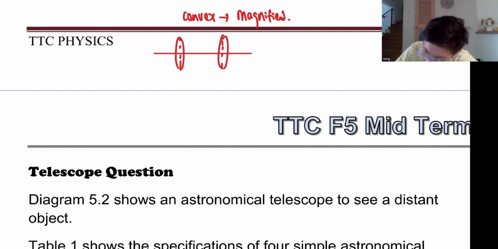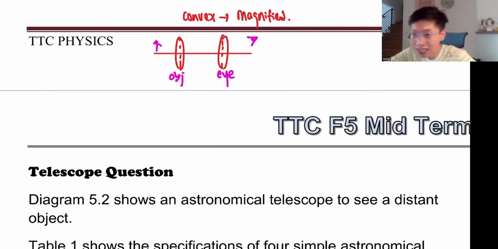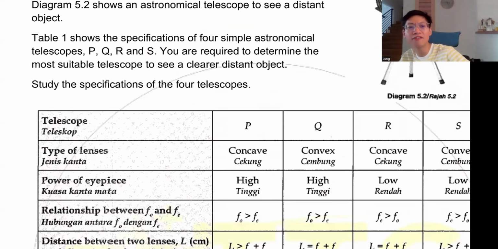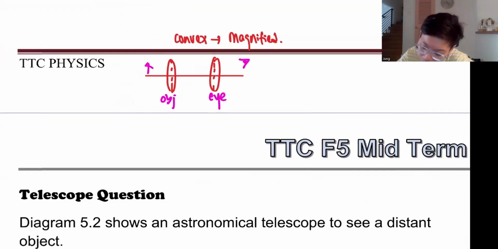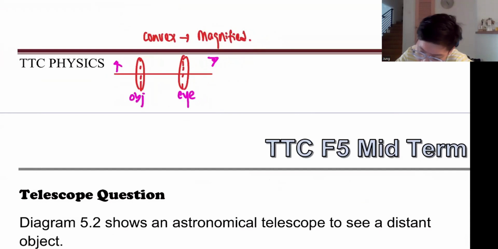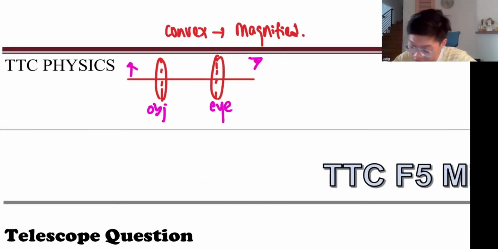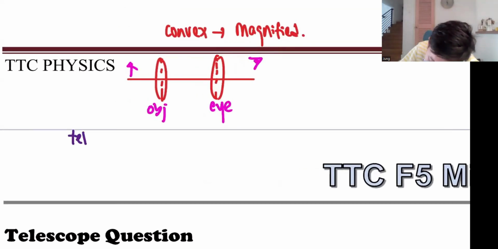Now for telescope and microscope, one of it is called the objective lens. The other one is called the eyepiece lens. So they always like to ask you about the power, the relationship, the distance, and so on. So I teach you my style. In order to learn microscope and telescope, the first thing you need to do is learn how to spell.